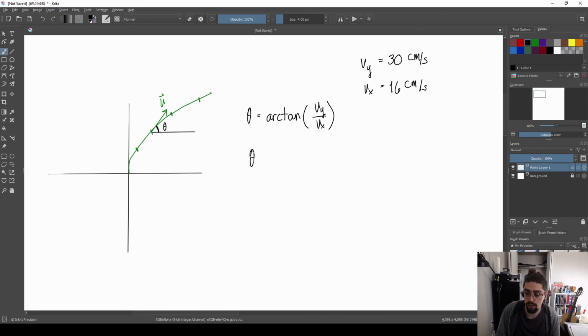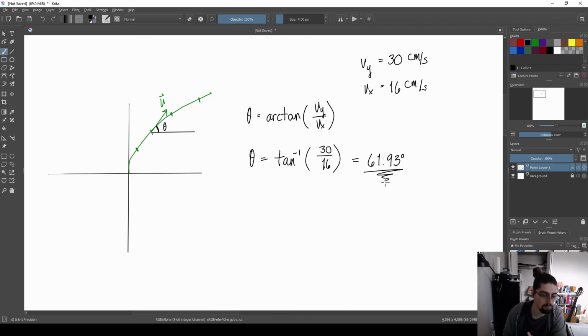And I'm writing this as a way to bridge, remember that I'm saying inverse tangent is the same as arctangent, of 30 over 16. Then what I should find when I get these numbers all together is 61.93 degrees, as I have it drawn on the picture currently. Just like that.